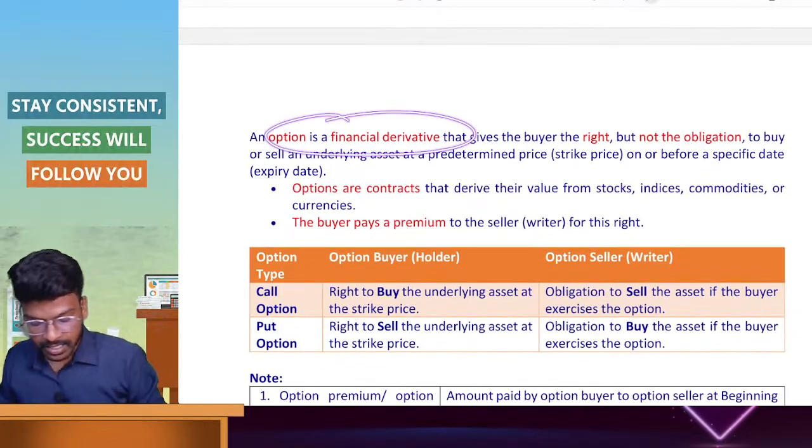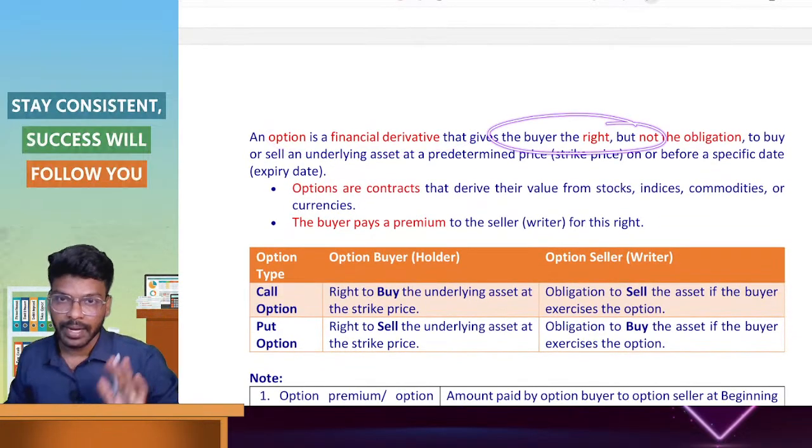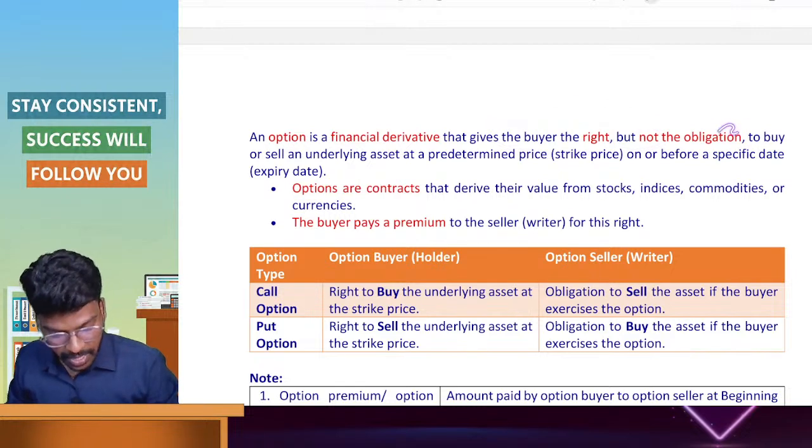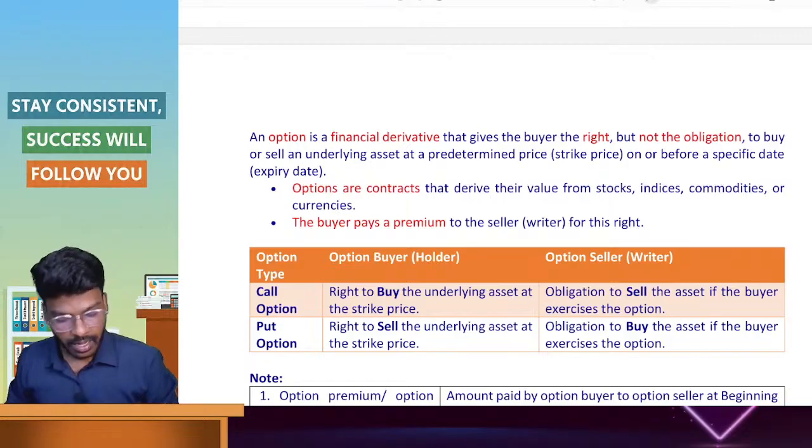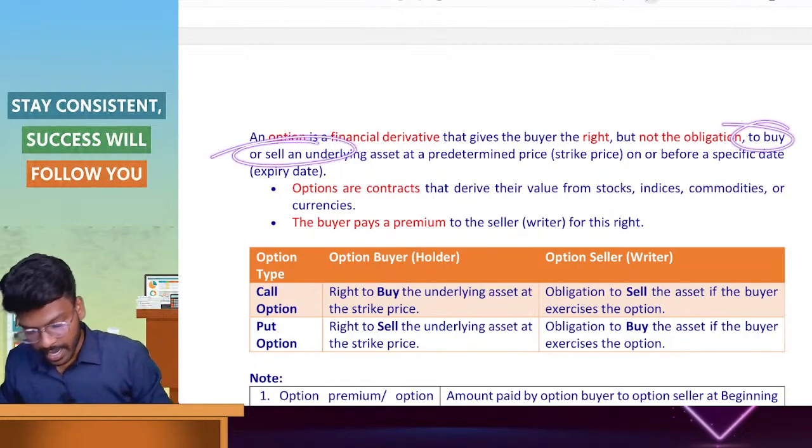An option is a financial derivative that gives the buyerக்கு வந்து rights கொடுக்கும், but no obligation, அவனுக்கு வந்து obligation கிடையாது. ஓகேவா, to buy or sell an underlying asset.